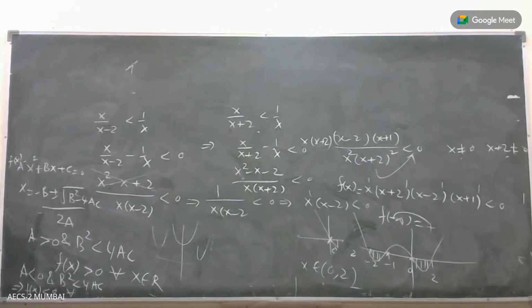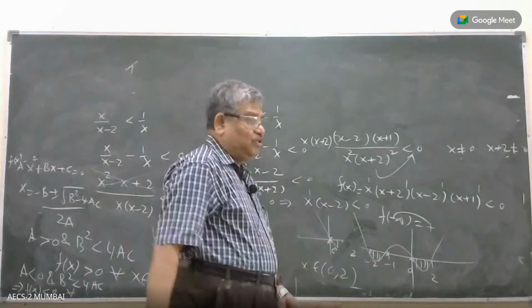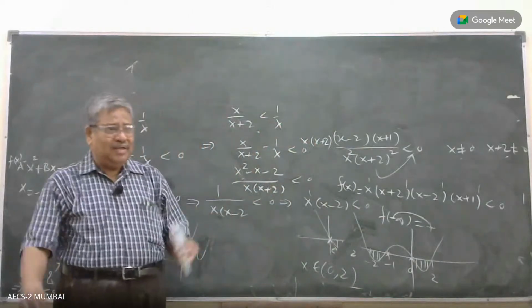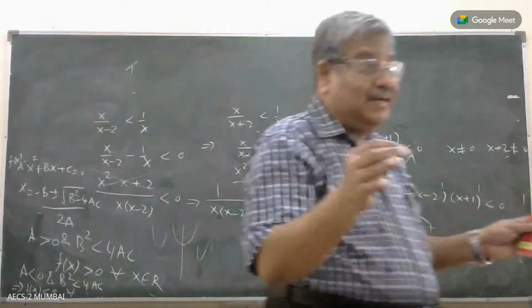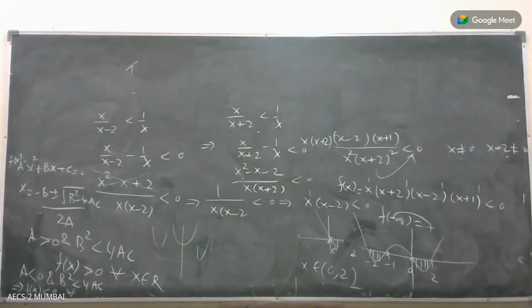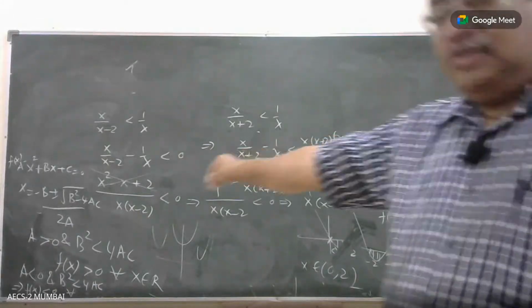Very good. So, first what we do, we bring everything to one side, take LCM, simplify, factorize. When the real factor doesn't occur, roots are imaginary. That means that whole quadratic is positive definite or negative definite. So if it is positive definite, you bring it this side, the sign of the inequation will not change.